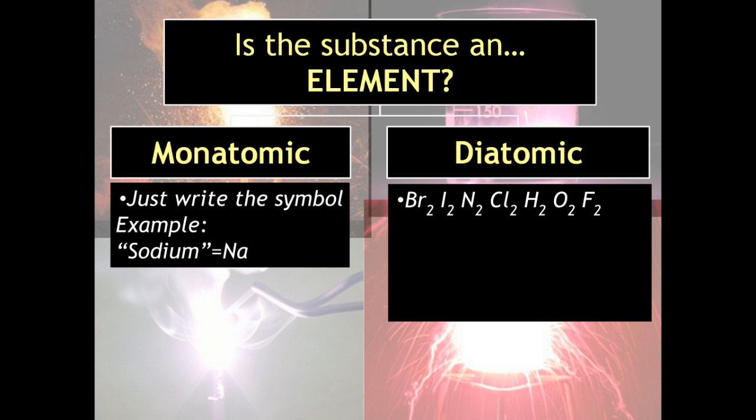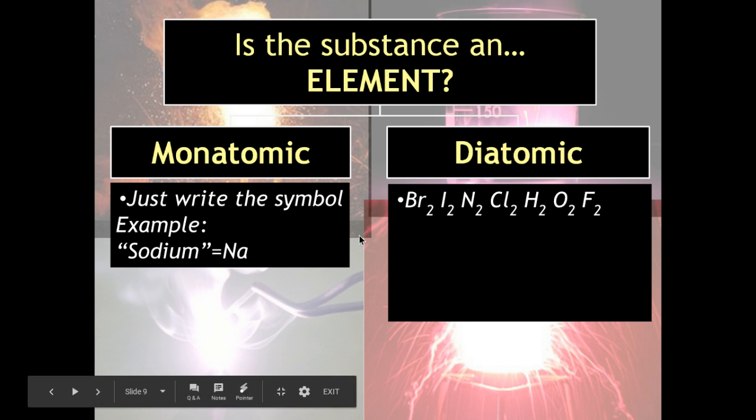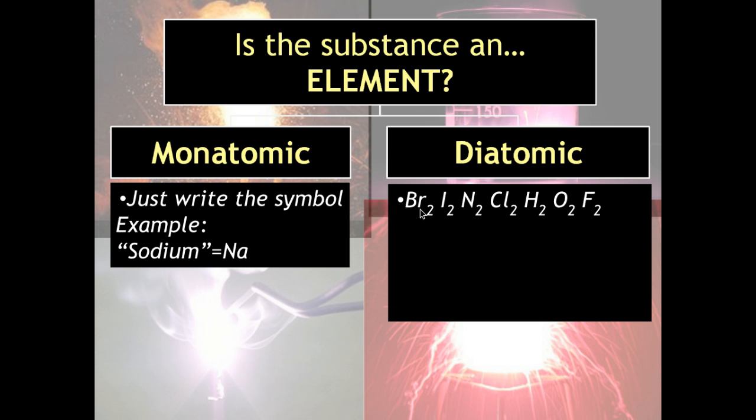Now, diatomic. If you have oxygen, iodine, nitrogen, chlorine, bromine, fluorine, these right here, they always come as diatomic. And to remember them, think of Brinkelhof.